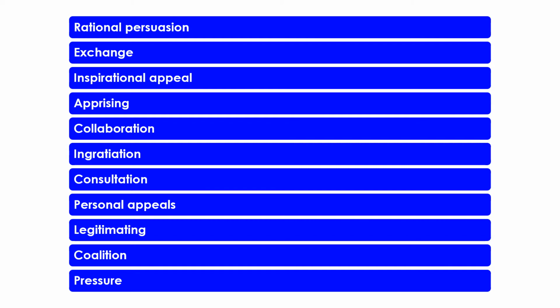To find the literature for the meta-analysis, the authors conducted an extensive literature search for both published studies and unpublished studies, including doctoral dissertations that examined the relationship between each influence tactic and its effectiveness.